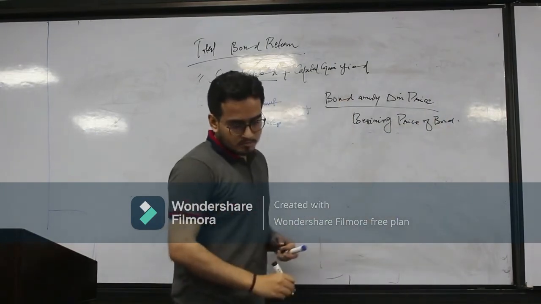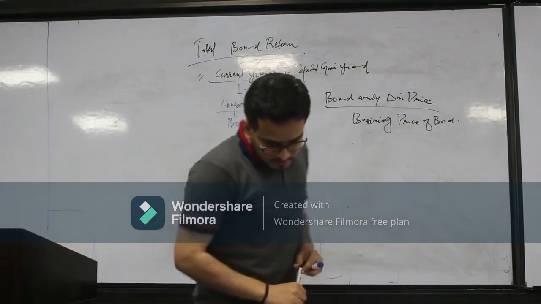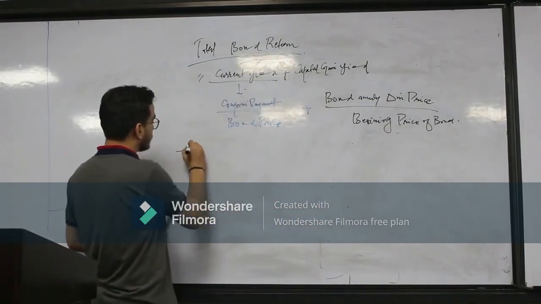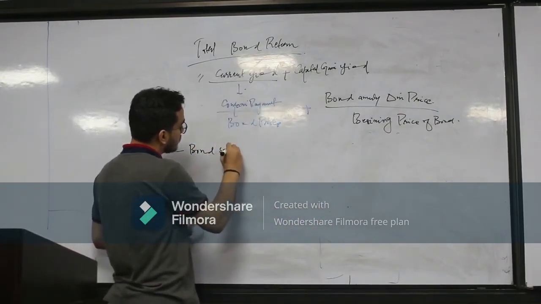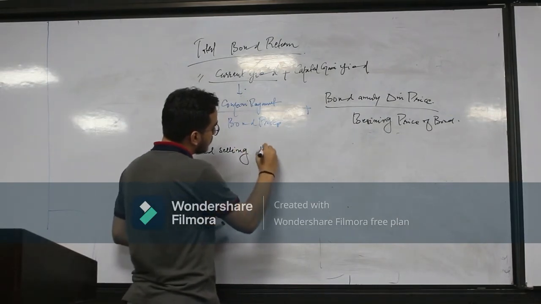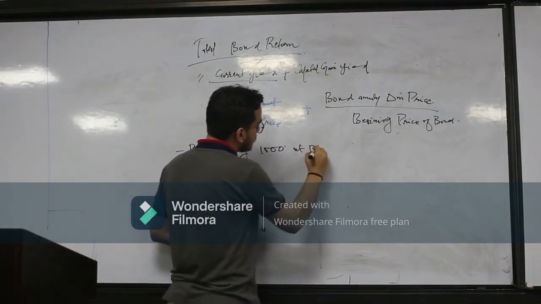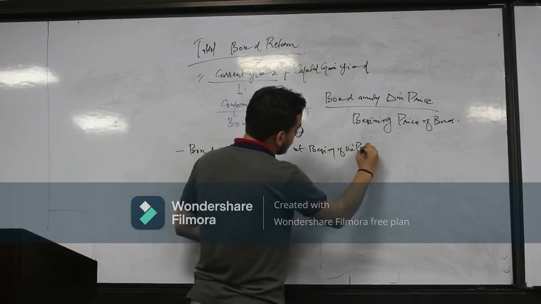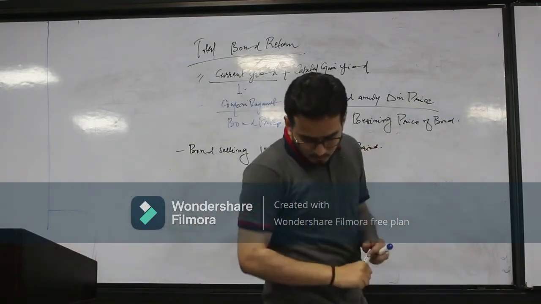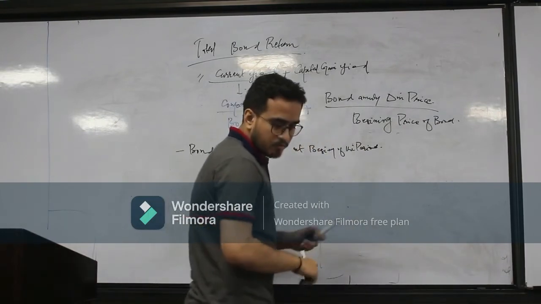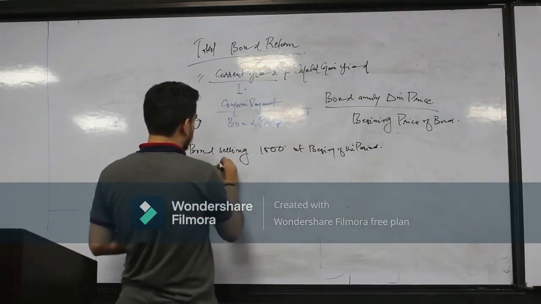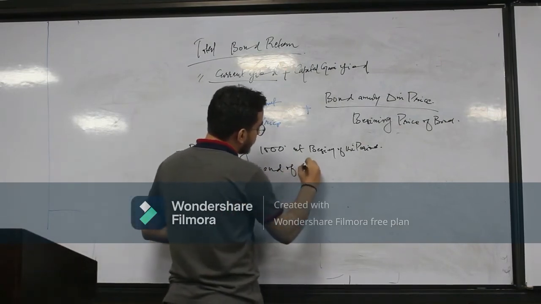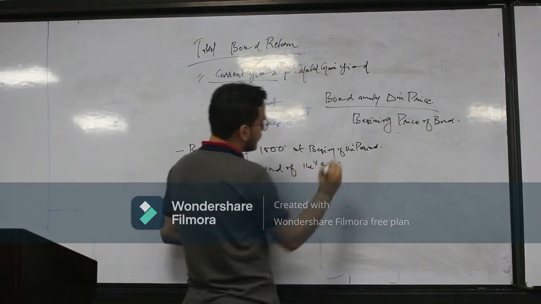Now let's suppose there is a bond which is selling at 1,000 at the beginning of the period, and later on it becomes 1,035 at the end of the year.